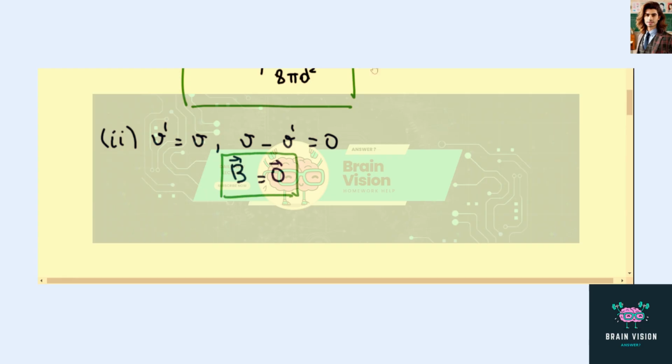And finally, in the third case, v prime is 2v.